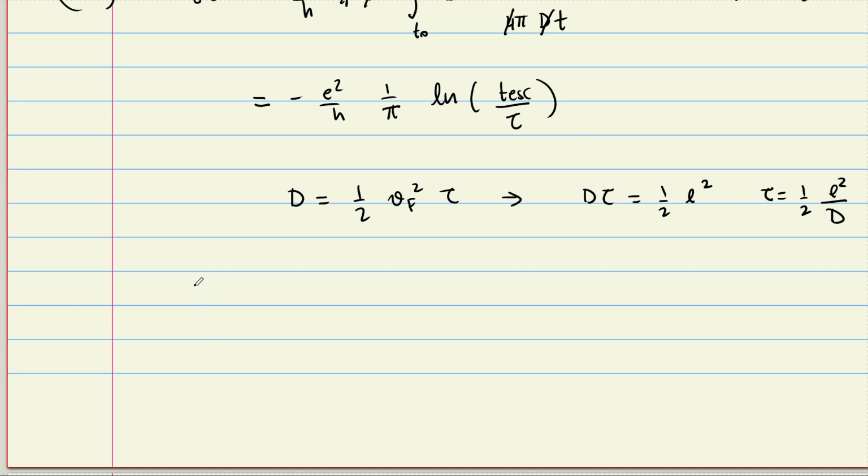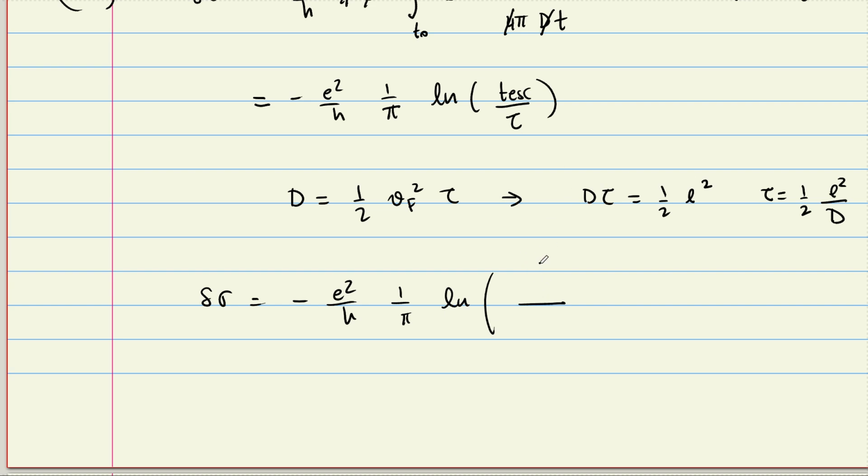Then I will put this in the calculation. Delta sigma is minus E squared over H 1 over pi ln. So T escape is D over L squared, and tau is the other way, L squared over D. Sorry.